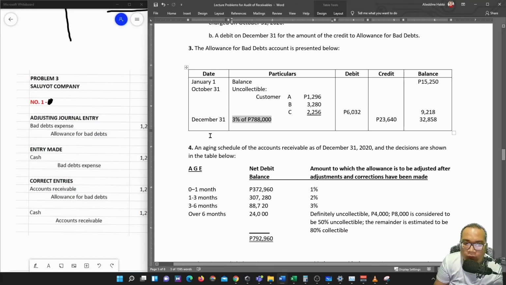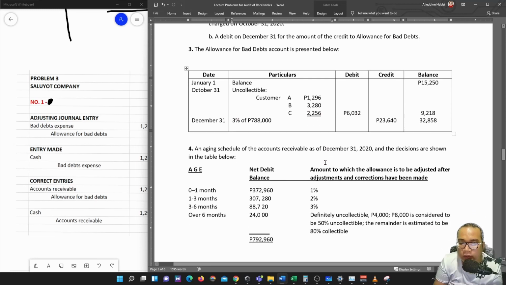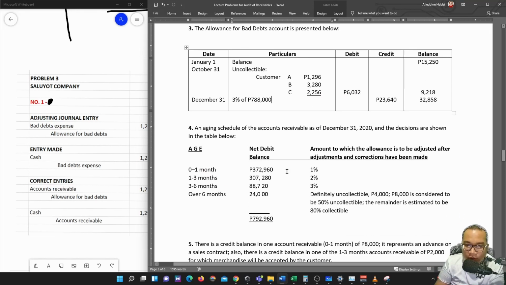Continue. So with that, kita ninyo na may mali dito, di ba? So number 4, an aging schedule of the accounts receivable and the estimates are shown in the table. For the first month, there's a 1% allowance. Sa 1 to 3 months, 2%. 3 to 6 months, 3%.